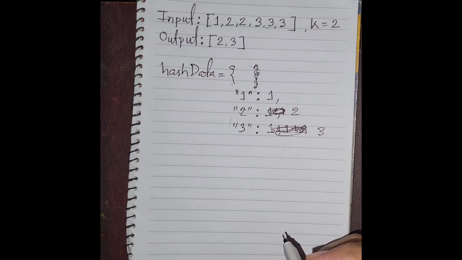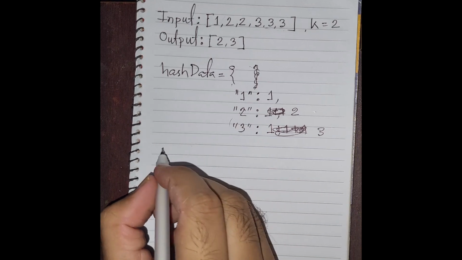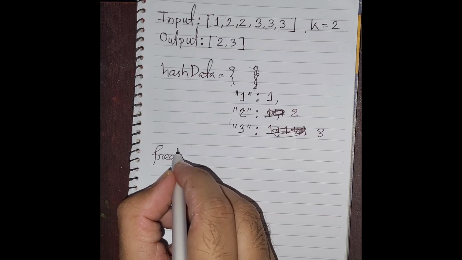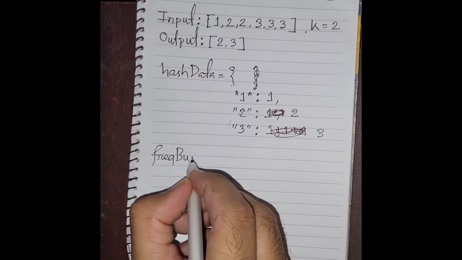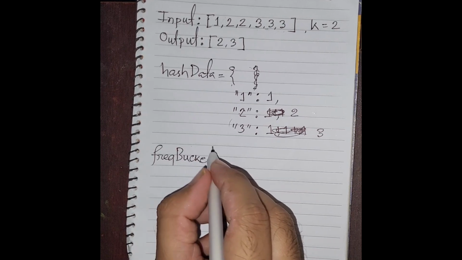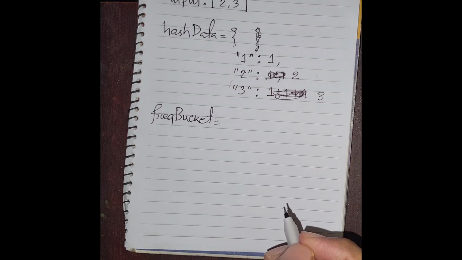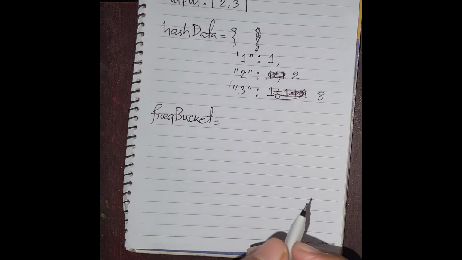Now what I am going to do is I will take another empty array. I will call it frequency bucket, or freq bucket for short. And in this array, I will create some empty arrays. Why am I doing that?